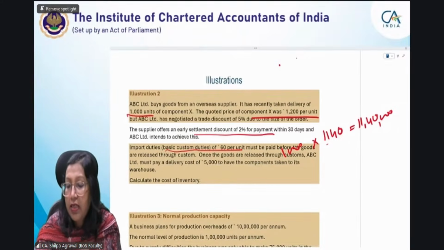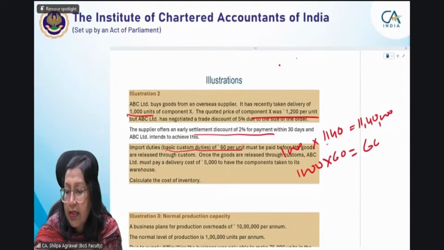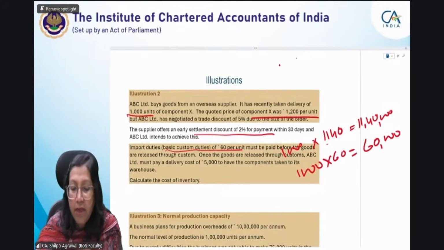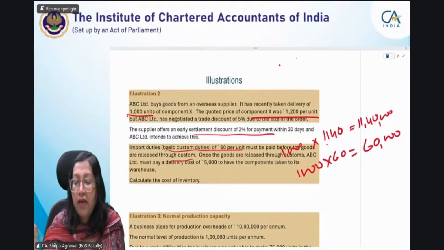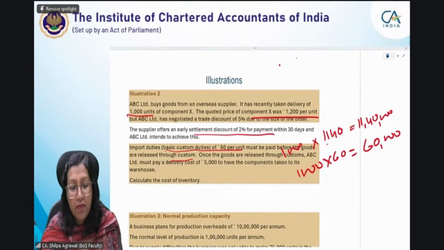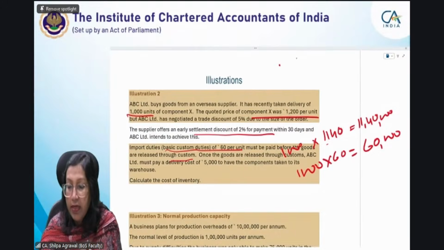So 1000 multiplied by 60, we get 60,000. This will form part of the cost. Nothing is mentioned about whether it is recoverable or not, so we assume it is not recoverable, and accordingly we have added it to the cost of the asset.